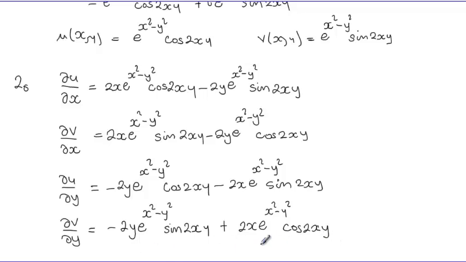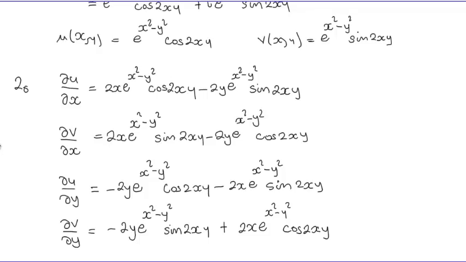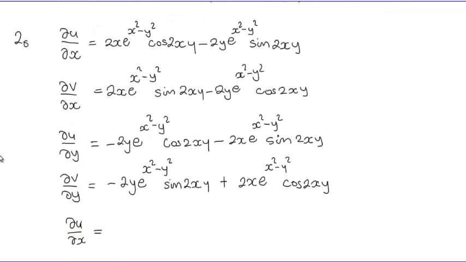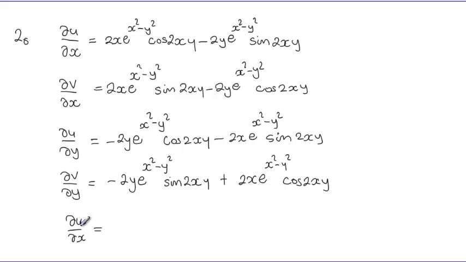Now we need to proceed to comparing these derivatives and see if the Cauchy-Riemann equations are satisfied. We start by comparing ∂u/∂x with ∂v/∂y. We note that ∂v/∂y is exactly the same expression as we have there, except that they are written in a different order, but we know a plus b is equal to b plus a.